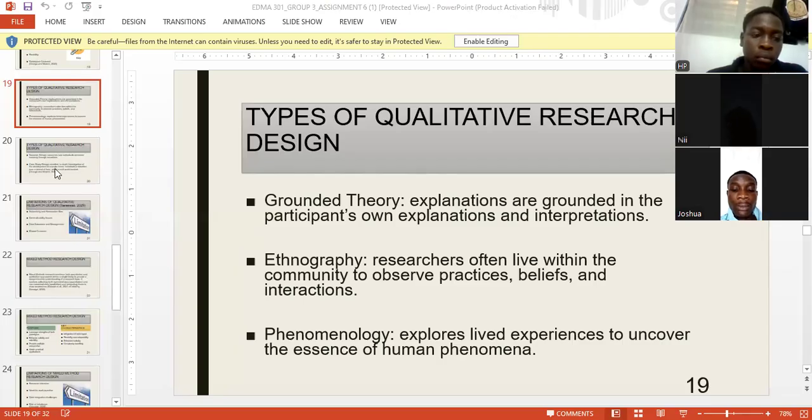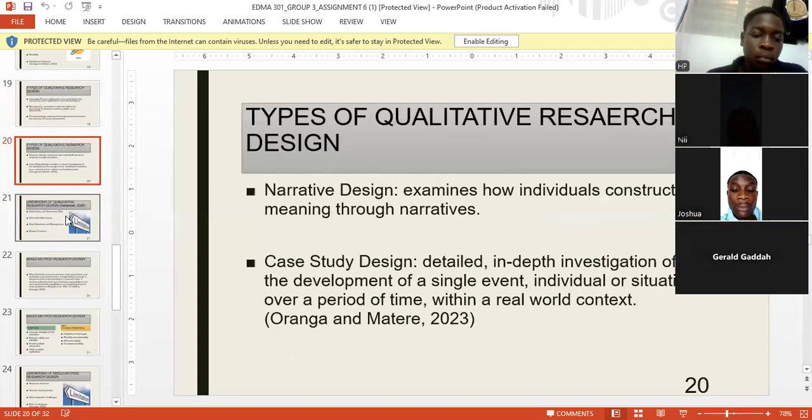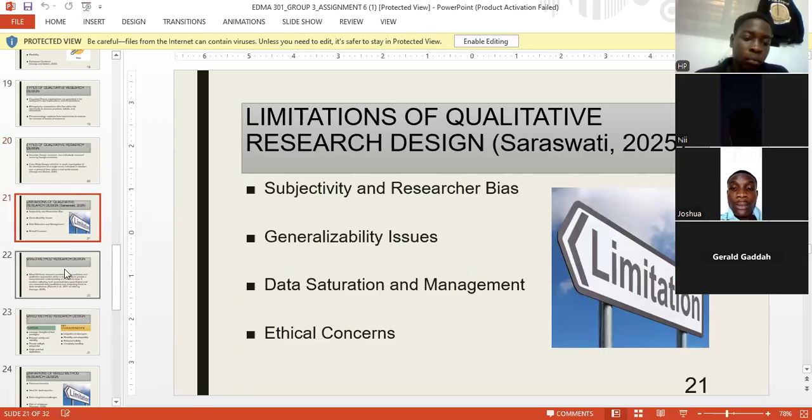So moving on, the next slide. Still on the types, we have the narrative one, which examines how individuals construct meaning through narratives, and you have the case study, which involves a detailed, in-depth investigation of the development of a single event.